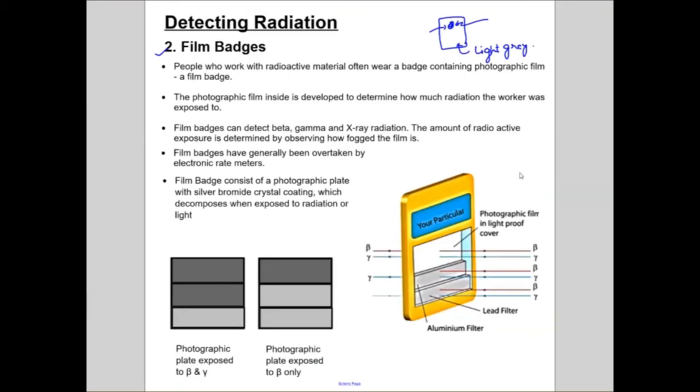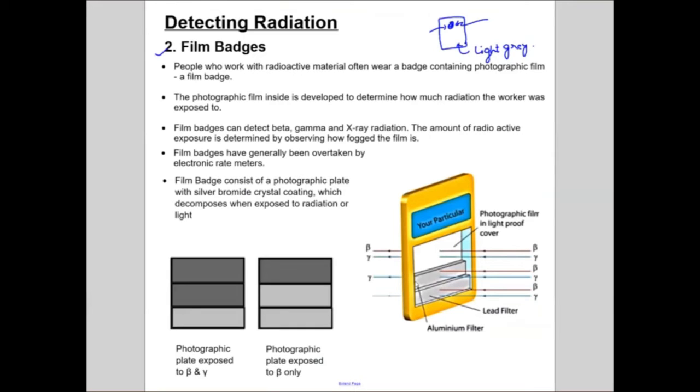So in this film badge, they put a photographic film in a light proof cover. It's covered from all sides and there is no light entering this badge. And you have different types of filters over here. The first one does not have any kind of filter or material over it; it's simply covered in plastic.